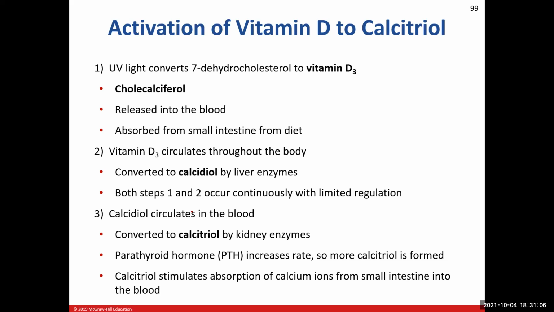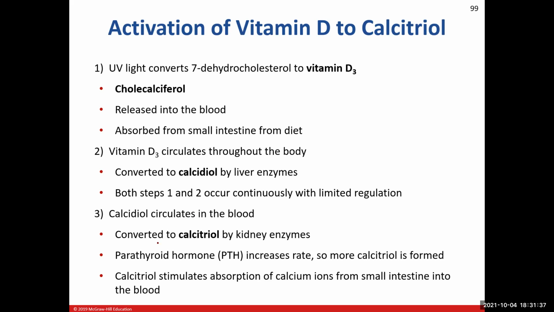And in the liver, it comes across some of the many liver enzymes that live there, and they convert that cholecalciferol into calcidiol, which is good, but it's not great yet. So what will happen is calcidiol circulates throughout your bloodstream, and then it finds its way into the kidneys. And the kidneys have some enzymes there that go to work on the calcidiol and convert it into calcitriol. That is our active form of vitamin D.